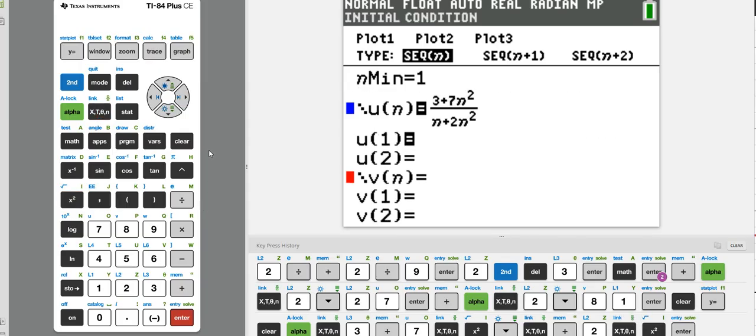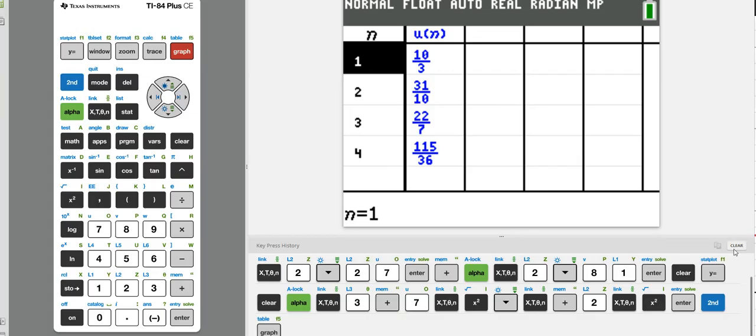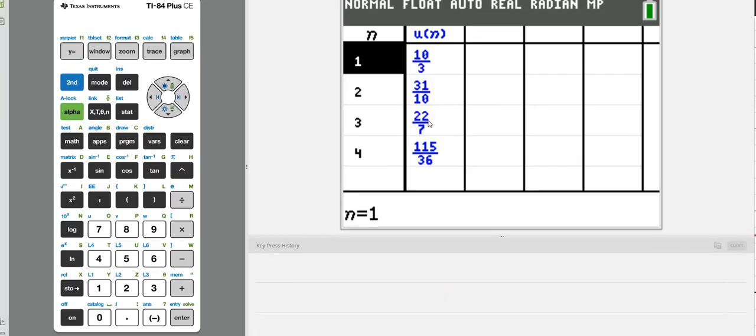And then I can just test it for a few different numbers. So let me go to my table function once I put that in. So second, and then the graph key. I don't want itty-bitty values here. I want larger and larger values. And I'm seeing a little problem here. It's just giving me fractions. I don't want fractions anymore for this one. I want decimals.